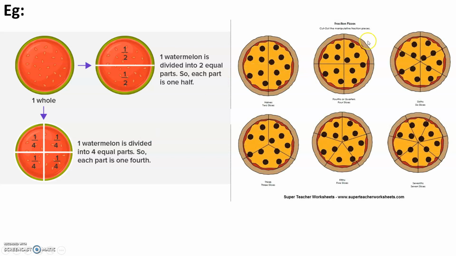See, a good example of fraction is pizza. So children, as you know, pizza means one bread, and out of that one bread, they make different slices. They make 4 slices, they make 6 slices, and so on.